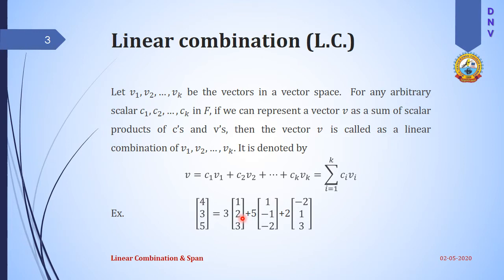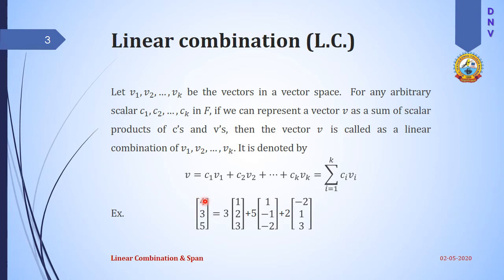Then 3 times 2 is 6, minus 5 is 1, and 2 plus 1 is 3. So for the third component, 3 times 3 is 9, minus 10 is minus 1, and plus 6 is 5.